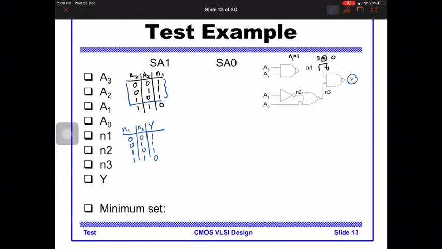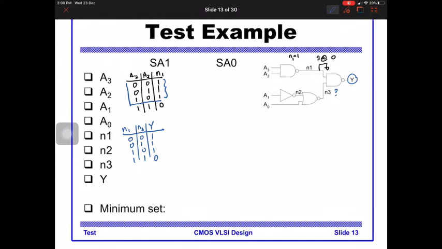Okay, so what do we apply here? We want to check if N1 is stuck at 0. So here we want to find out what is at N3. This N3 should be a value which will point out the error at N1.